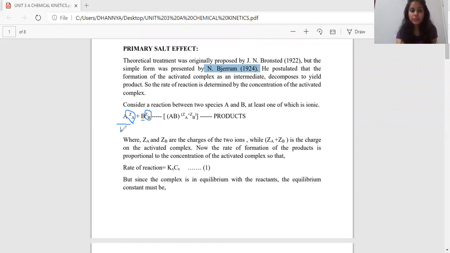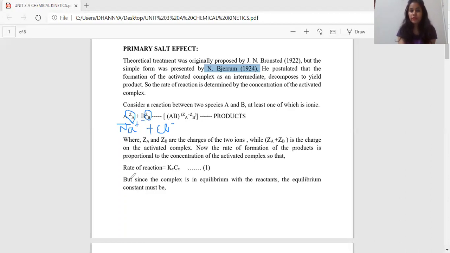The simplest way of understanding is to take Na plus as A. Na has Za equal to plus 1. And if I'm reacting it with chlorine, it has a charge of minus 1. This is the simplest way of understanding the reaction, but for simplicity we have taken A and B into consideration.